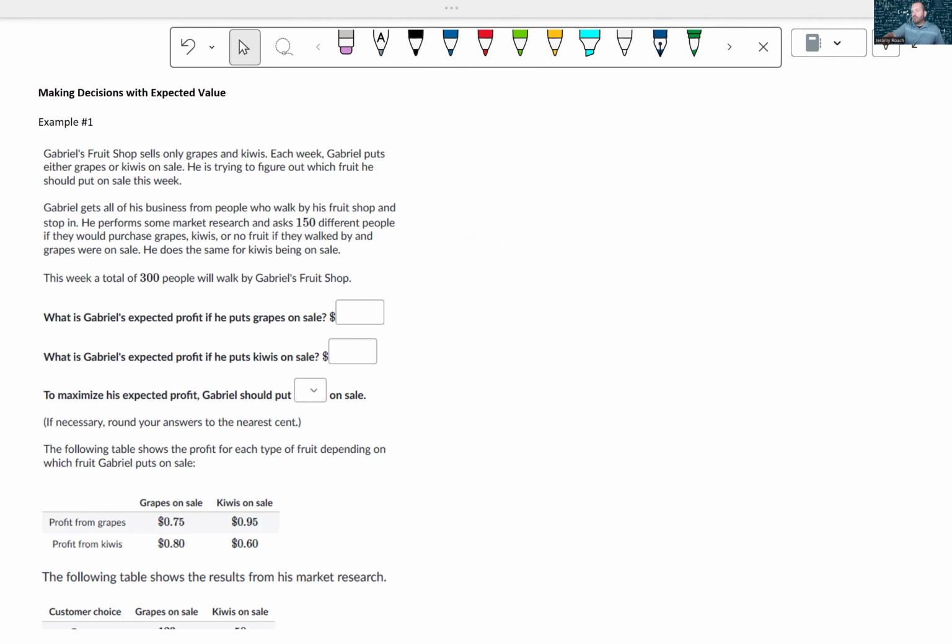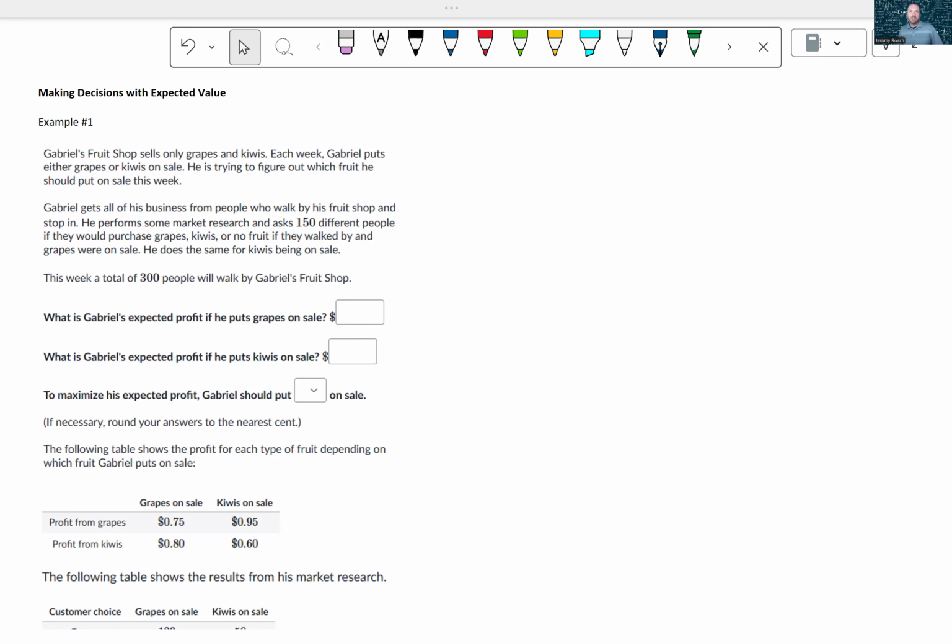All right, so this first problem is about a fruit shop and they sell grapes and kiwis. They only sell two kinds of fruit. The fruit shop owner, Gabriel, puts either grapes or kiwis on sale and he's trying to figure out which fruit he should put on sale this week. He gets all of his business from people who walk by his fruit shop and stop in, and he's able to perform market research.